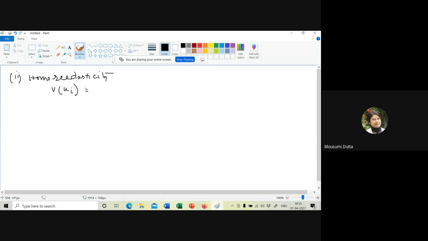Variance of UI, we consider a constant given by sigma u square, for all I equal to 1 to n. The reverse would be sigma I square. Okay, it will vary from individual to individual. So for the first individual, it will be sigma 1 square.